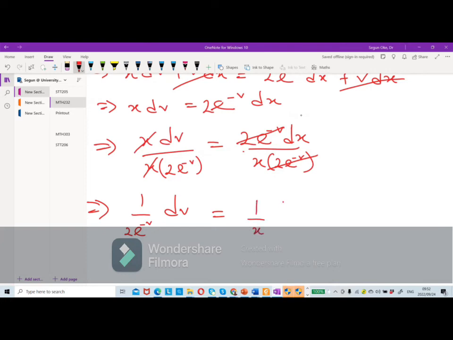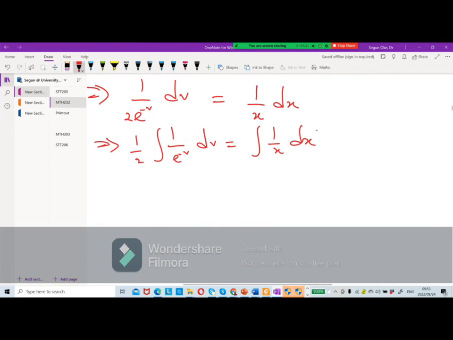1 over x dx. I can now integrate this side by saying, if I want to integrate this, I will have 1 over 2 integral, and I can say this is 1 all over e to the power minus v dv, which is the same thing as integral of 1 all over x dx.